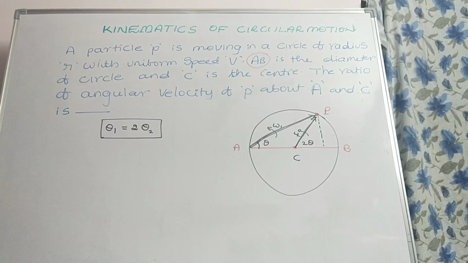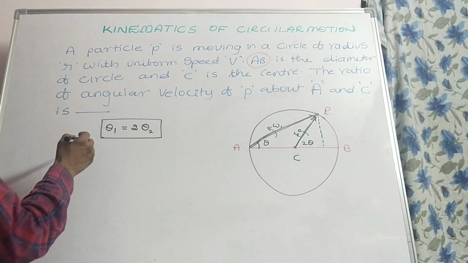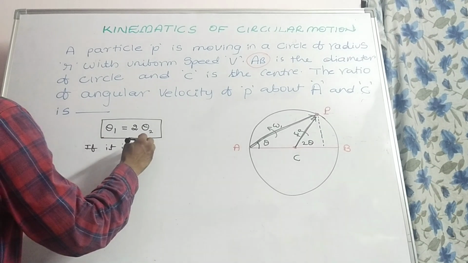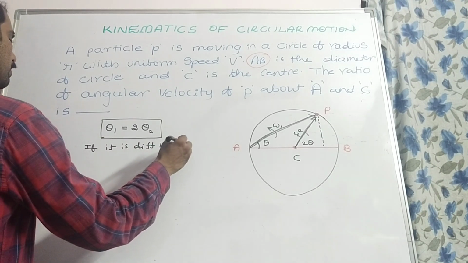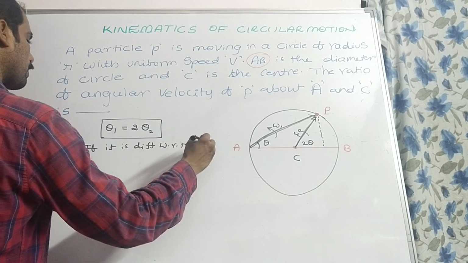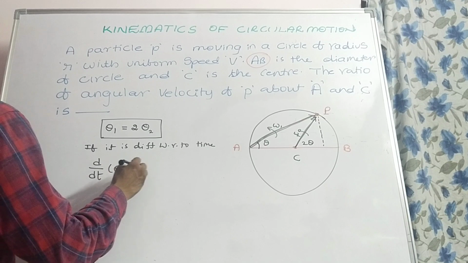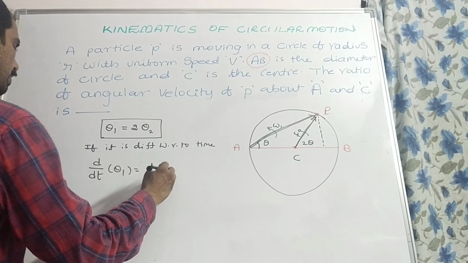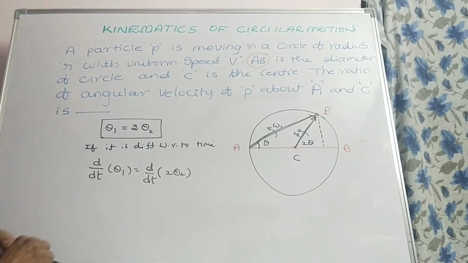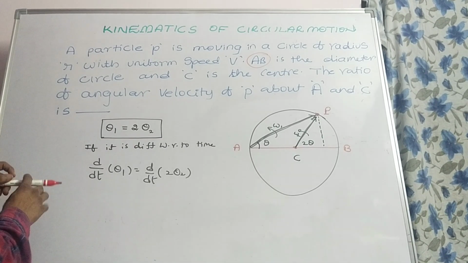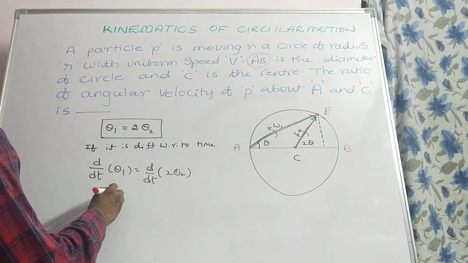To find the angular velocity, we have to differentiate with respect to time. We can obtain d by dt of theta 1 is equal to d by dt of 2 theta 2. Now d theta 1 by dt is nothing but omega 1.